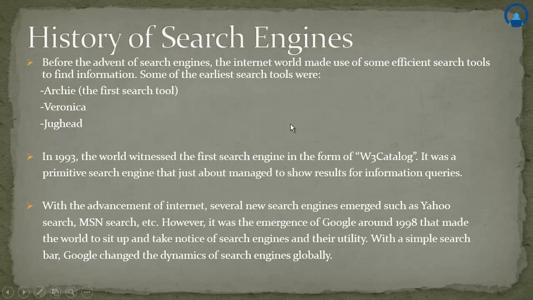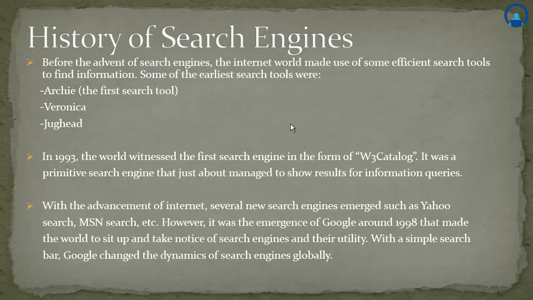Now let us have a quick look at the history of search engines. Before the invention or advent of search engines, the internet world used to make use of certain efficient search tools and not search engines to find information.